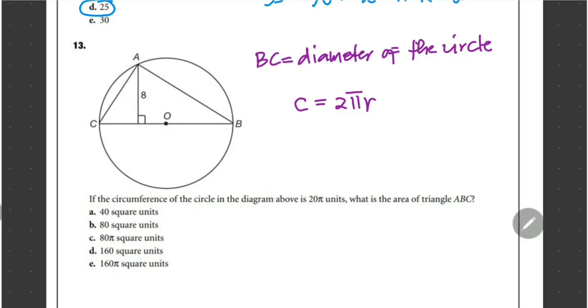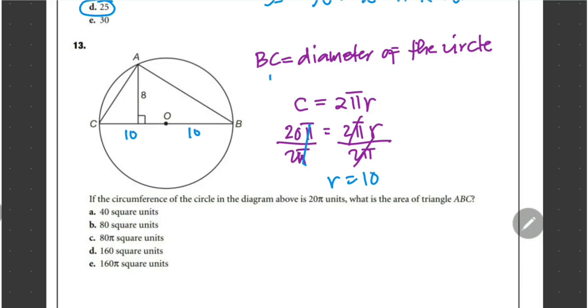We need to find the radius first. So we're given the circumference 20 pi equals 2 pi r, and we divide both sides by 2 pi. The radius here is equal to 10. So that means this one is 10, this one is 10. So BC is equal to 20.